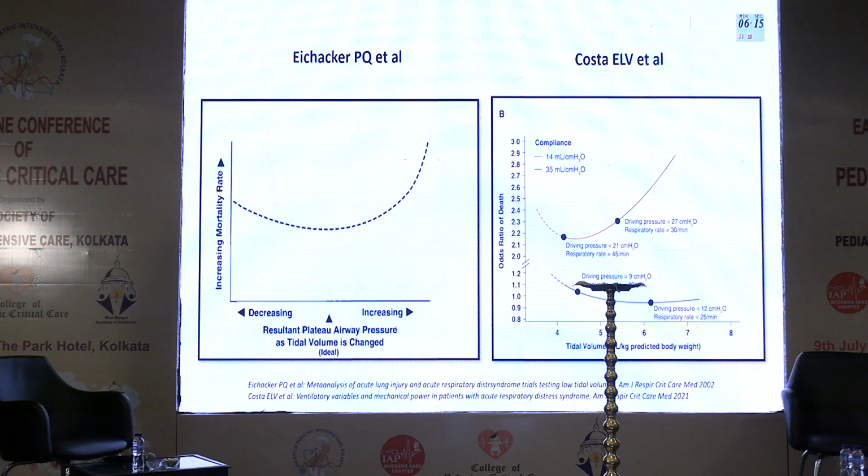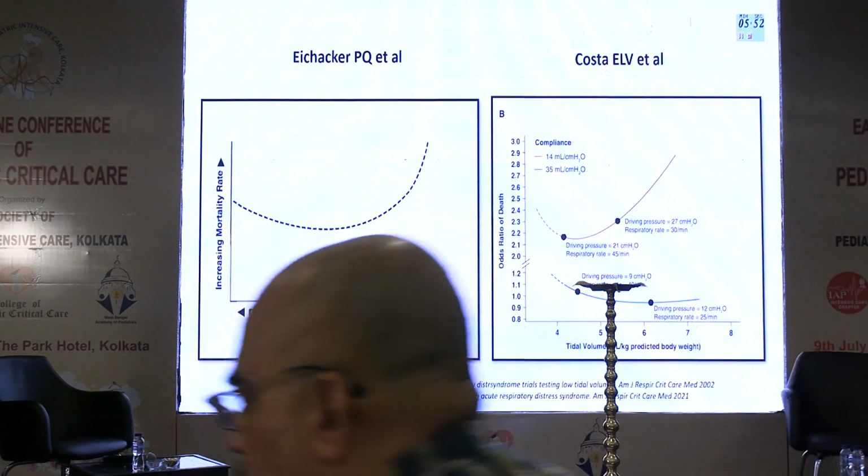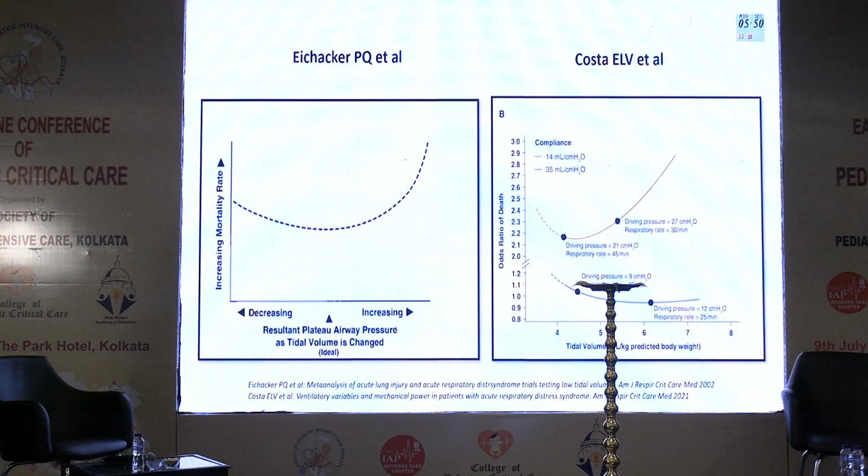If you look at these graphs, the relationship between the plateau pressure and the mortality is like a parabola. If you give very low tidal volume just to maintain your plateau pressure, the mortality is high. If you give higher tidal volume with high plateau pressure, of course the mortality is high. If you look at the orange line, it shows driving pressure 27 with a respiratory rate of 30, and driving pressure 21 with a respiratory rate of 45.